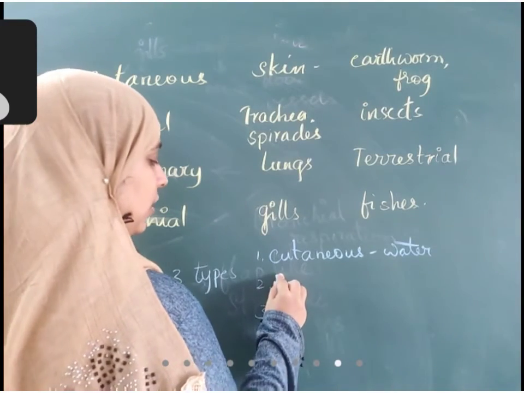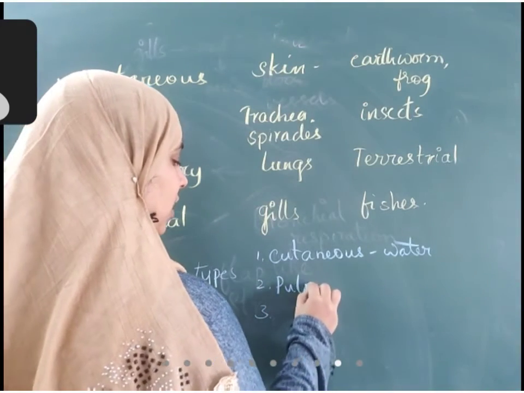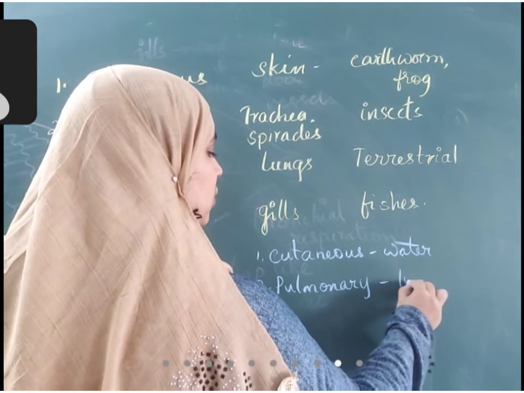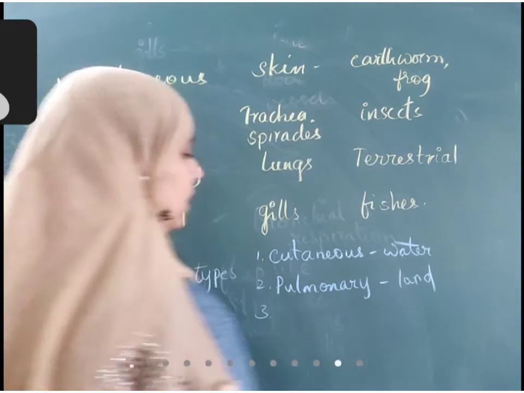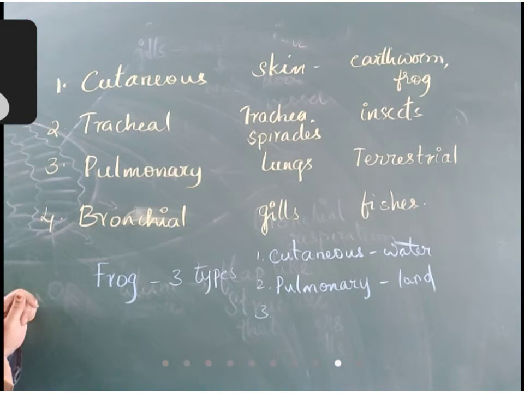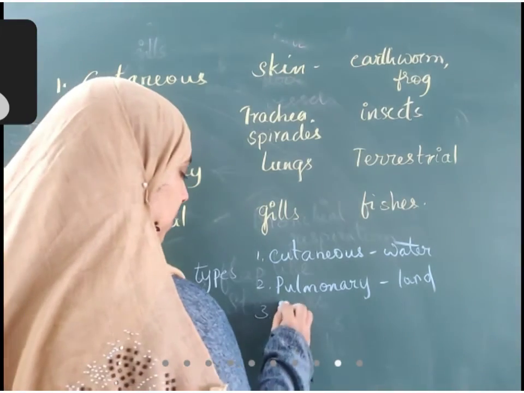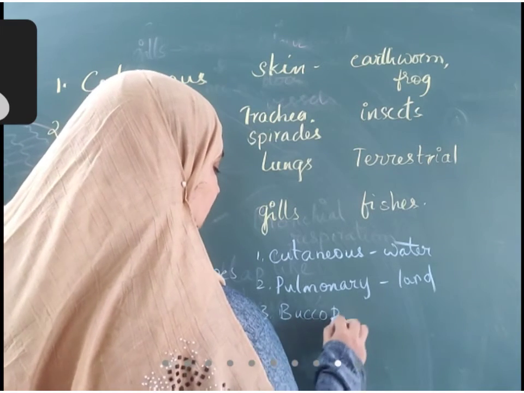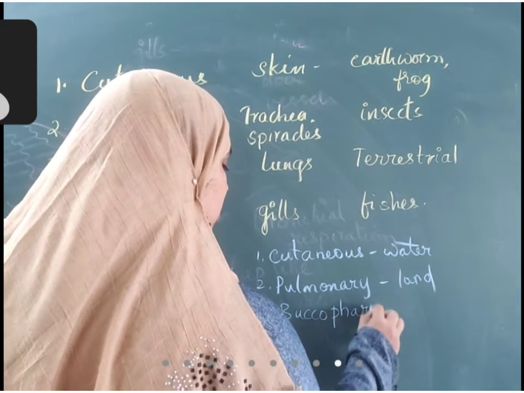Next, pulmonary respiration occurs through lungs when it is on land. There is a third type of respiration called buccopharyngeal respiration. Buccopharyngeal respiration also occurs in frog.